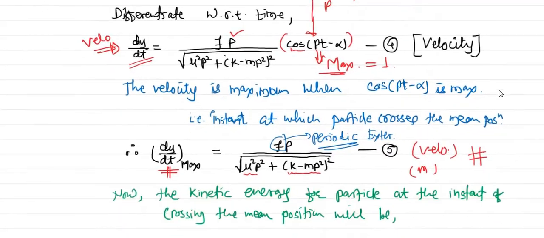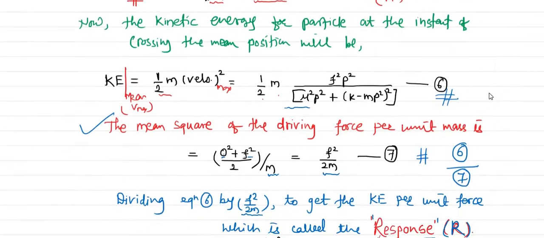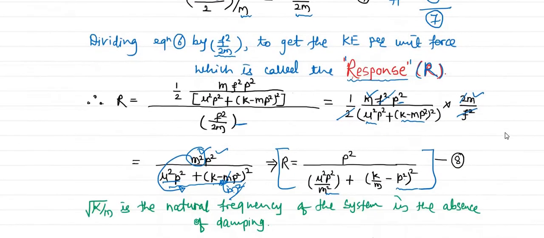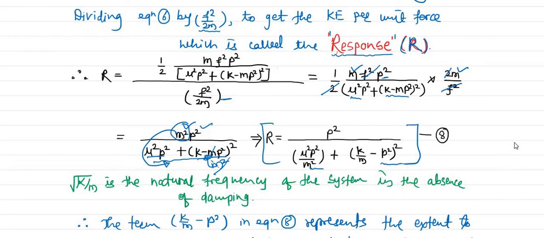Okay, for that sharpness of resonance we have done some calculations. We saw all this in the last video, up to equation number 8. Here, by dividing equation 6 by 7, we got one particular thing, and we called it the response.